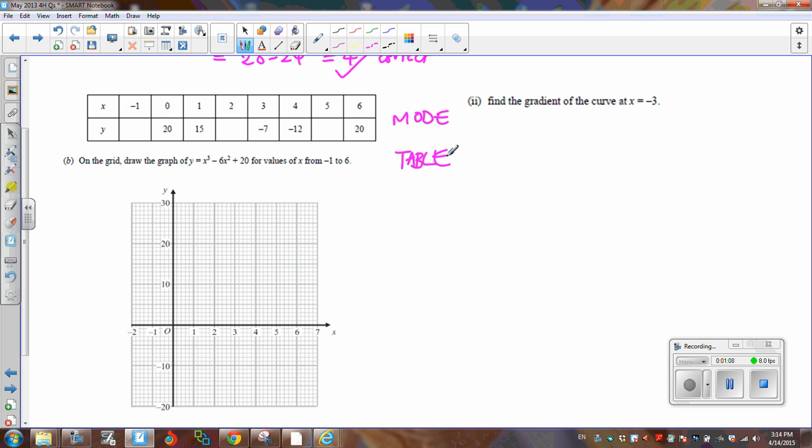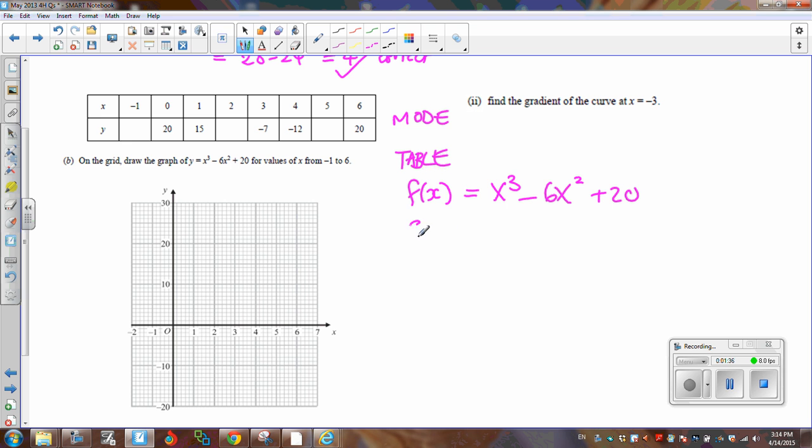Once you've got table, what appears on the screen is f of x, and you then have to type in alpha x, and then you cube it, so that's to the power 3. Minus 6 alpha x squared plus 20.